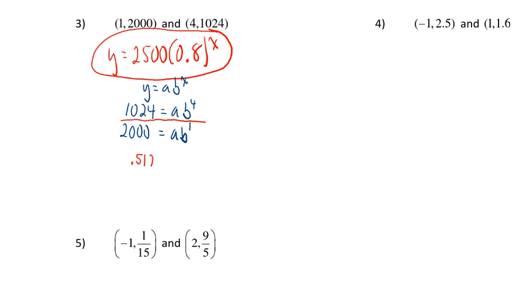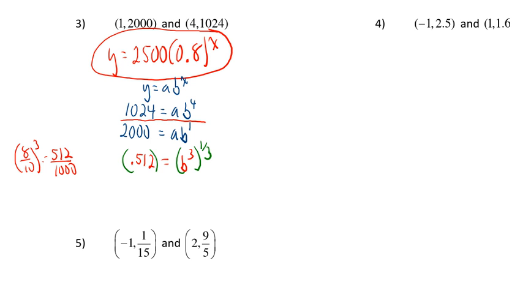And you might recognize this as 512 1,000ths, and that's 8/10 cubed. It's 8 to the third power over 1,000 to the third power. But if you didn't recognize that, you go ahead and raise both sides to the 1/3 power, and you're going to get b equals 8/10 or 0.8.